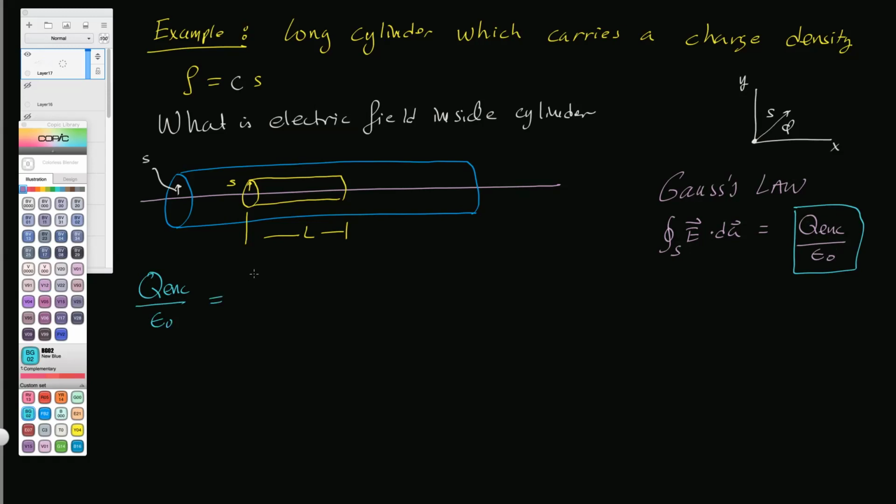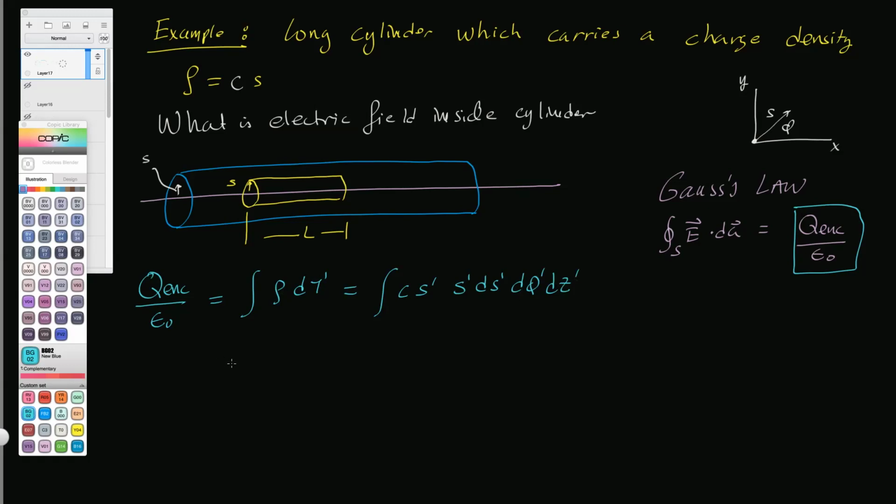We know that we've got to do the integral of rho d tau prime. So this is the integral of C S prime, because now we're in prime coordinates. Then we need d tau prime in cylindrical polar. We said this back when we did cylindrical polar: that is S prime dS prime d phi prime dz prime.